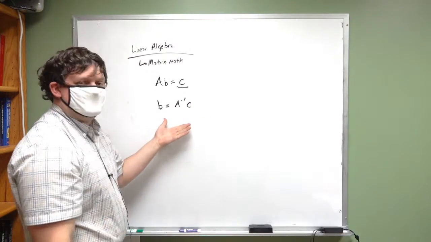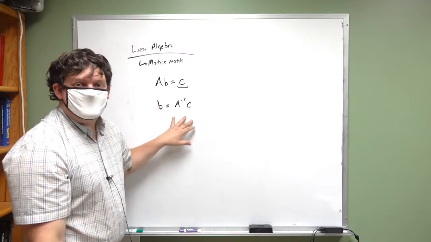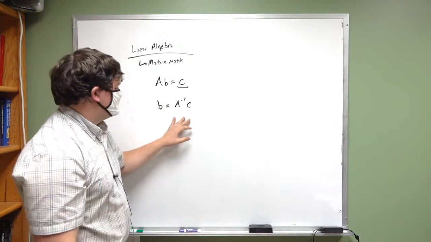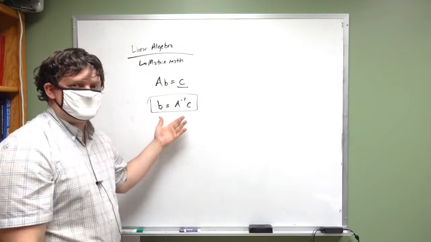Now you just divide both sides by A, or multiply by the inverse of A, which is what matrix math is used for. This is the ultimate solution. This is what we're trying to find.